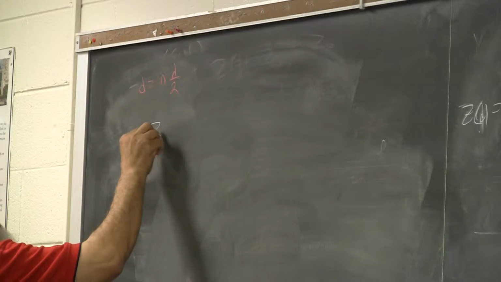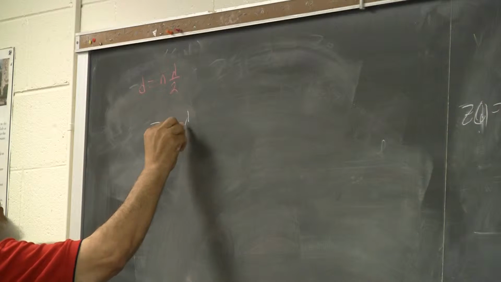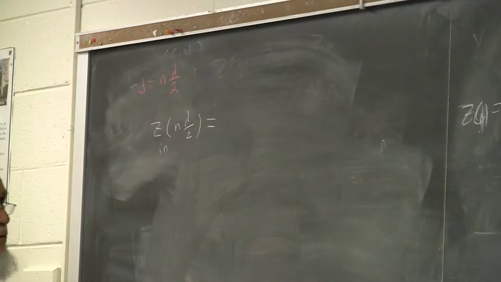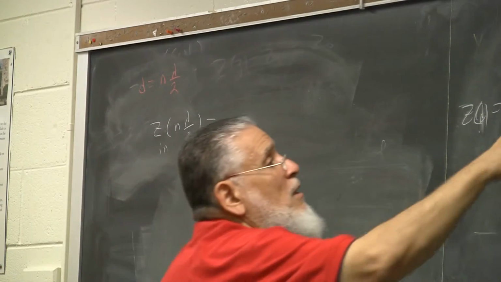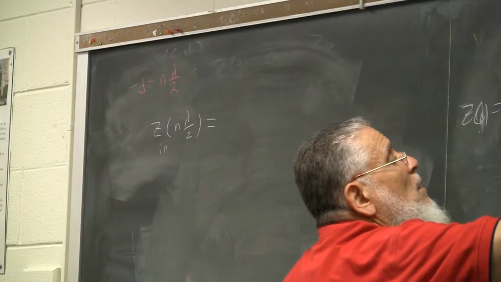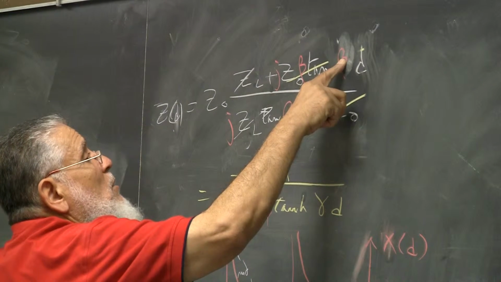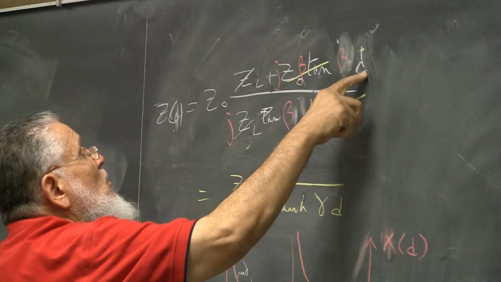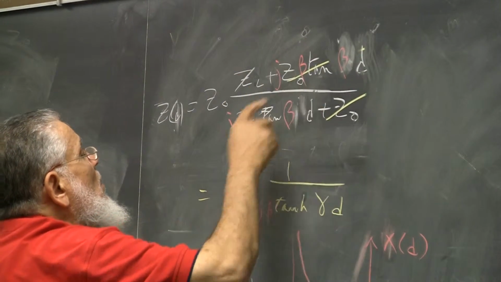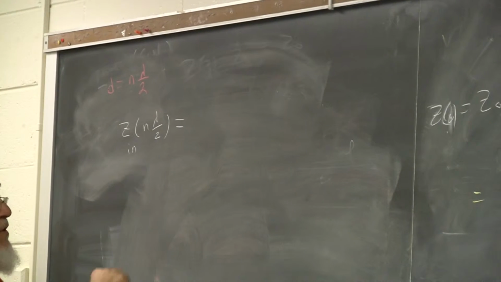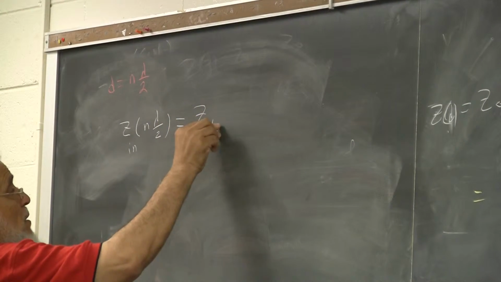Z input of n lambda over 2 line is equal to, put that lambda over 2, that becomes what? It's 2 pi over lambda, lambda over 2, that's a pi, tangent of pi is 0, Z naught times ZL over Z naught, which gives ZL.